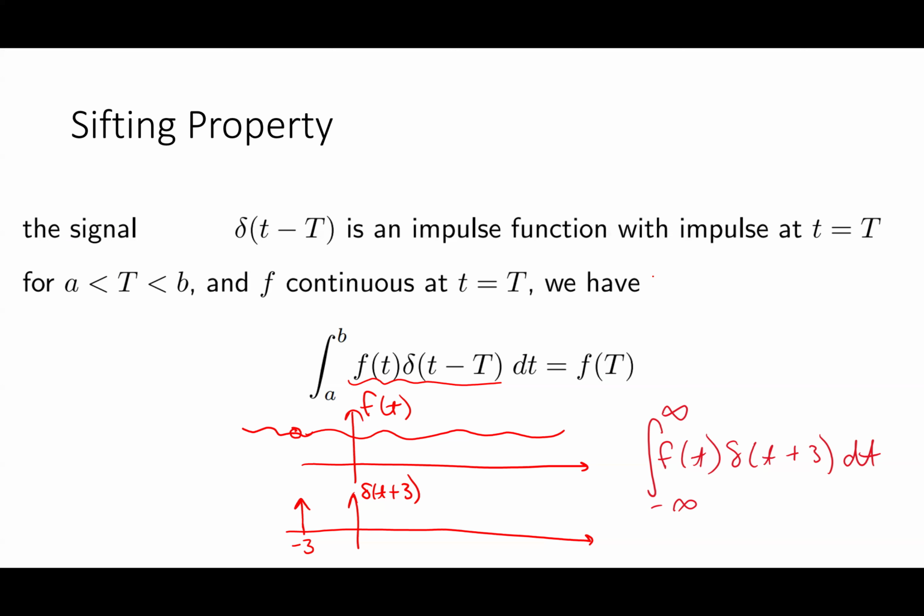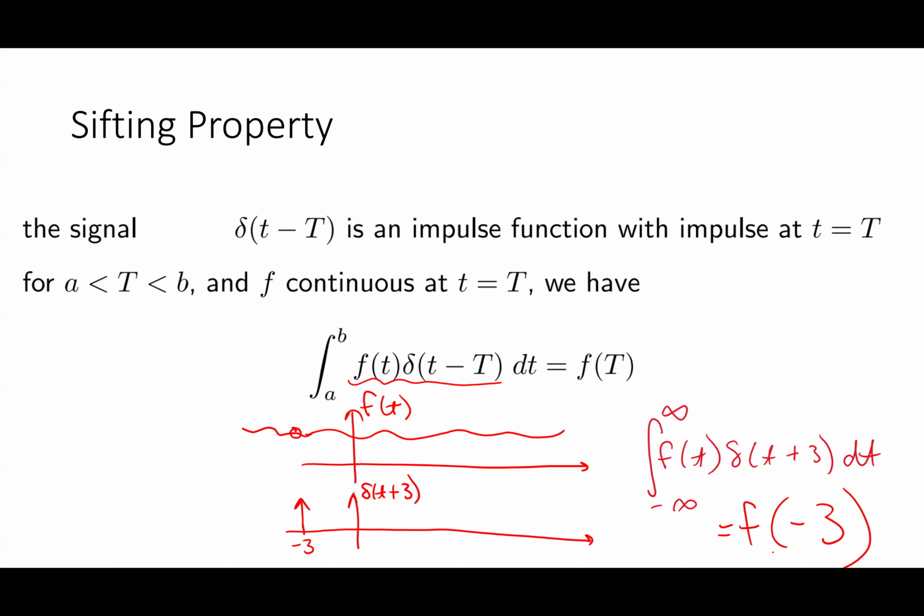If I multiply this by that, and then take the integral from negative infinity to infinity, what would that be equal to? The whole idea of the sifting property is that it basically just takes out for me the value of the function wherever the impulse exists.